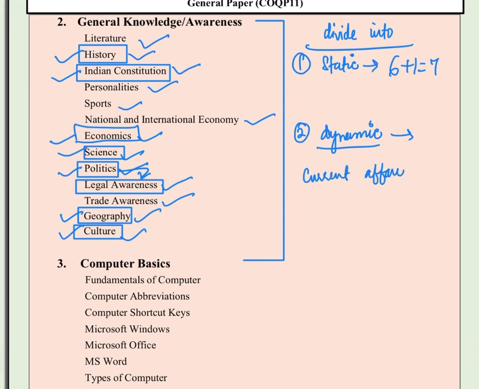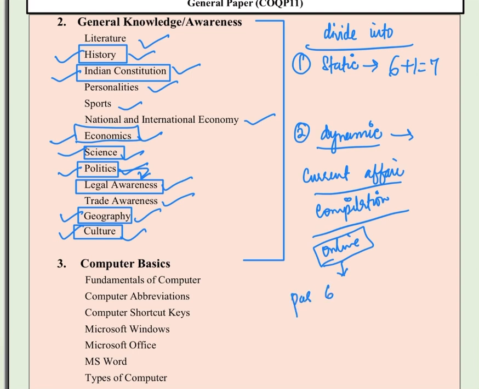Those subjects of dynamic nature you can do from any current affairs compilation. I would suggest you go online and search for any book which has current affairs of the past 6 months.